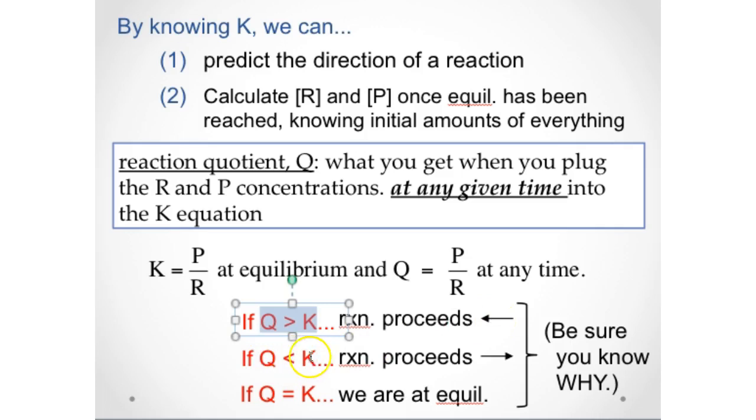But if K happens to be larger than Q, and typically when K is large in general, it tends to move to the right, and then it's going to establish equilibrium. But if Q is equal to K, then we say that the reaction that we're analyzing is already at equilibrium. So it has already reached the end point.